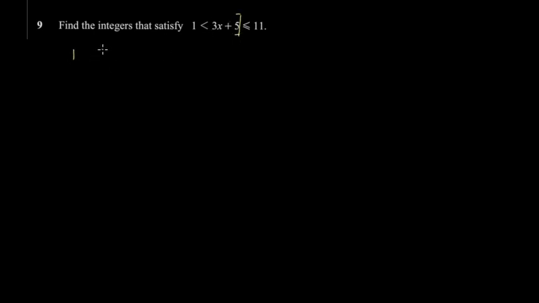So you can have 1 less than 3x plus 5, okay? So you can have that inequality there, or you can have the inequality starting from here. So you can have 3x plus 5 less than or equal to 11, like this, okay? So you can actually solve them the way that they are.